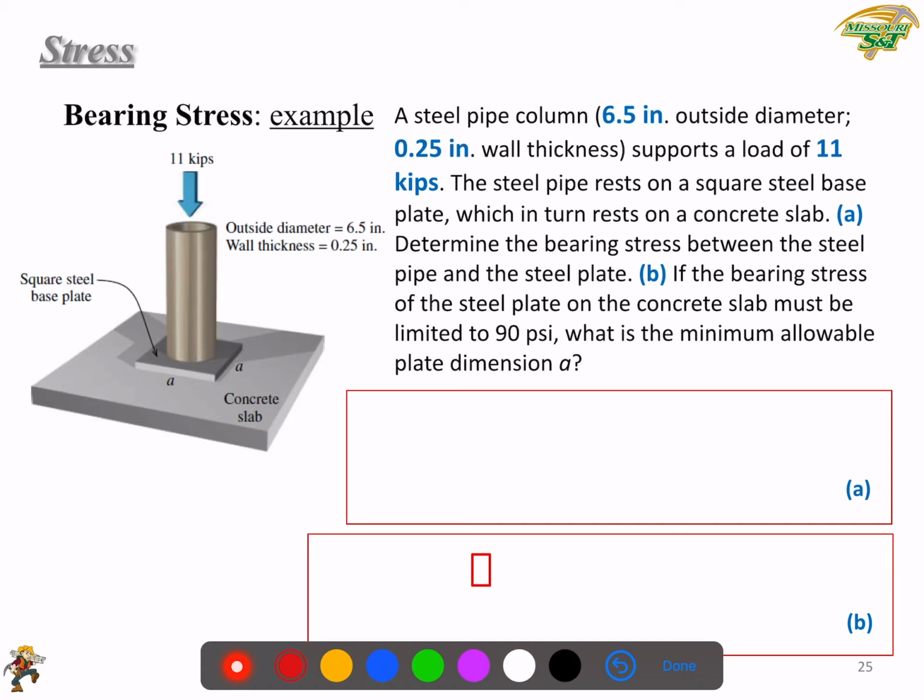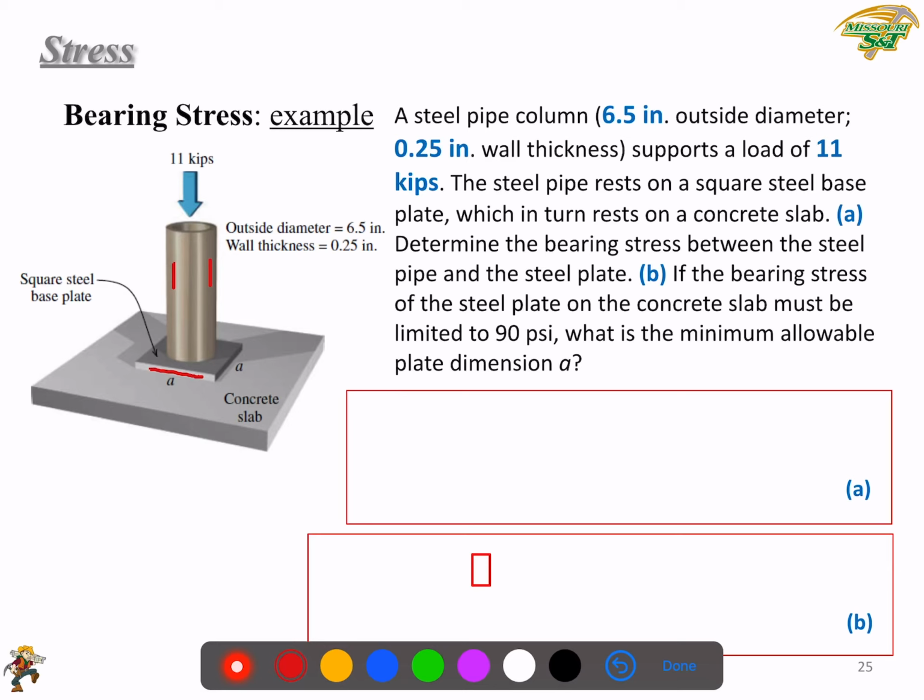So step A, we determine the bearing stress between the steel pipe and the steel plate. The pipe is here, and the steel plate is here. So to determine the bearing stress between them, we just need to find what is the contact area between them. So what is the contact area between this pipe and this plate?